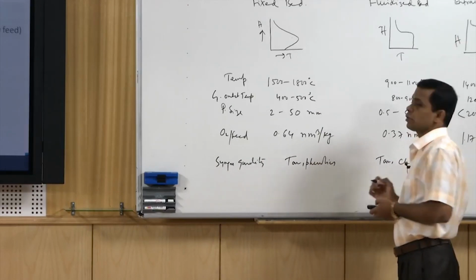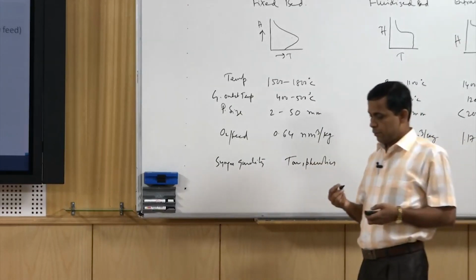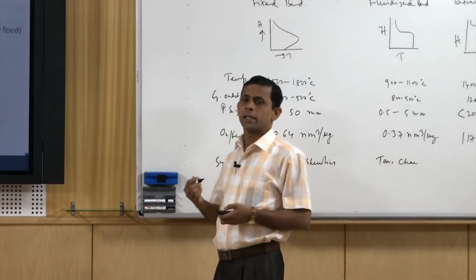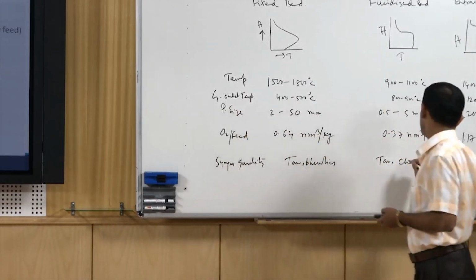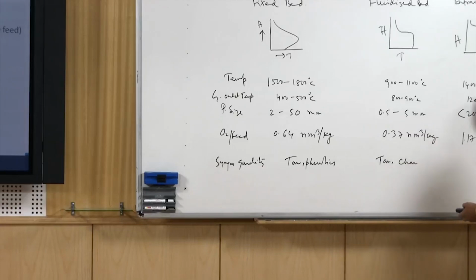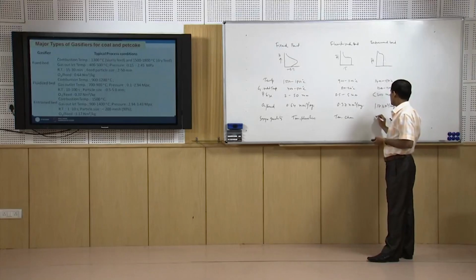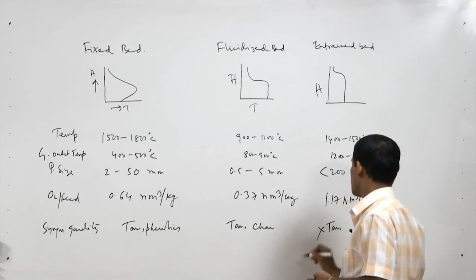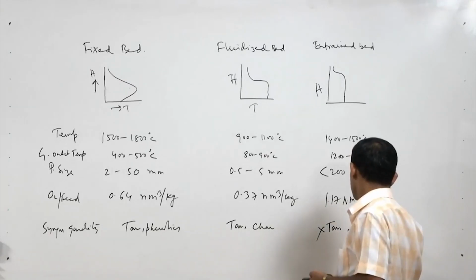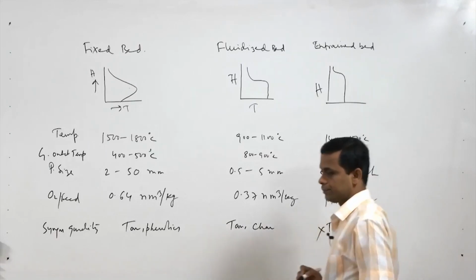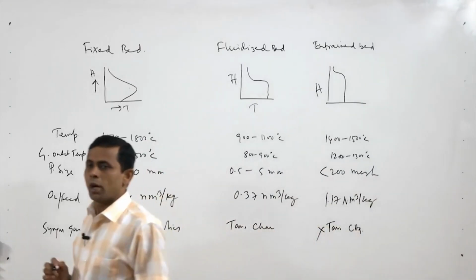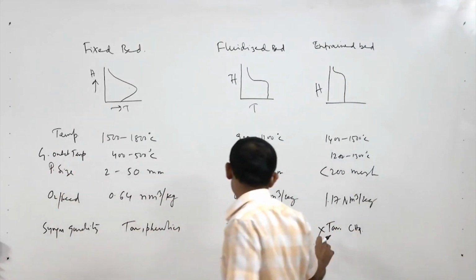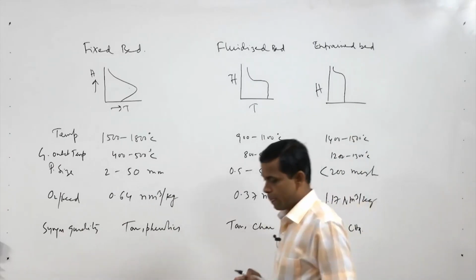Char particles will also be carried away through the off gas and will be available in the syngas. But for entrained bed we will get no tar, and CH4 is also less. So, quality wise this entrained bed is the superior one.